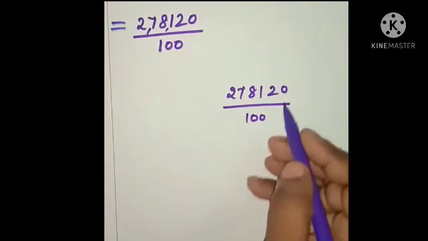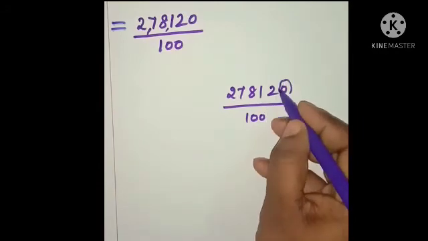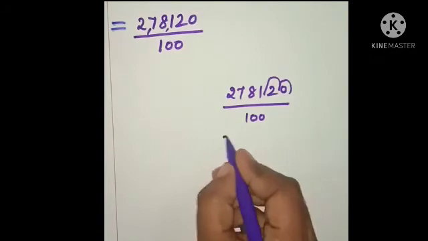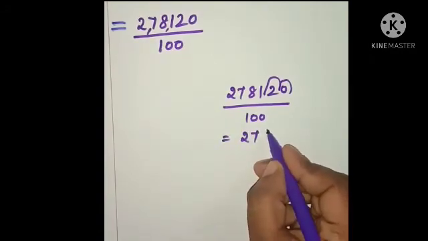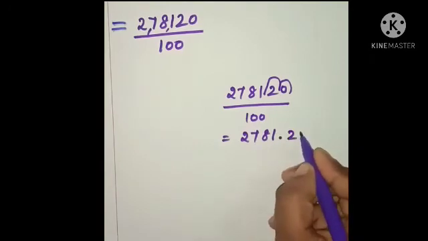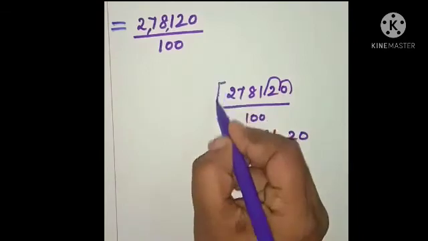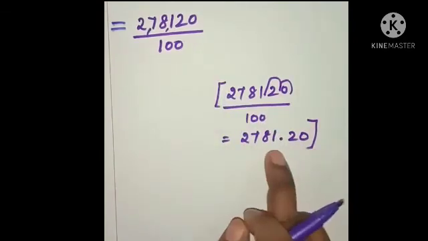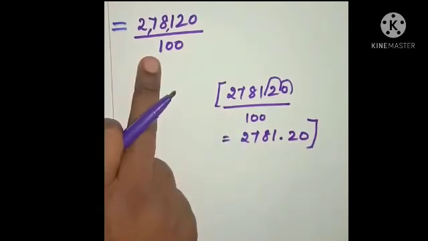So you have to put the decimal point before 2 digits. So that is 1, 2. Therefore, 2,781.20 will be the answer for this fraction, isn't it? So here, this decimal number can be written in the fraction form like this.